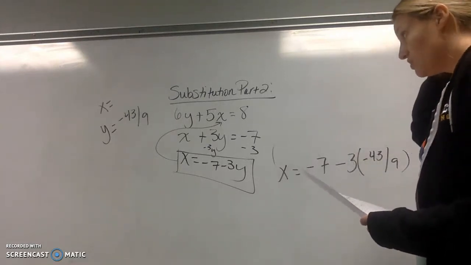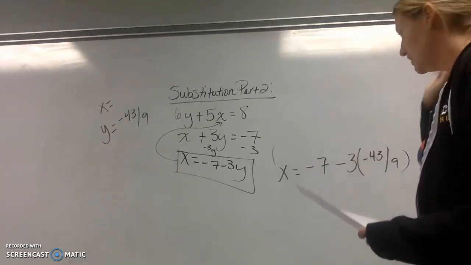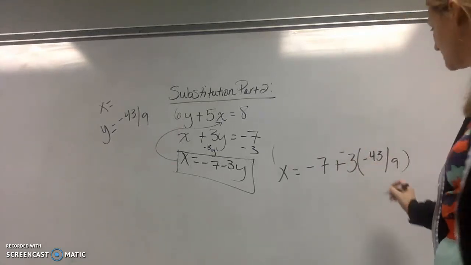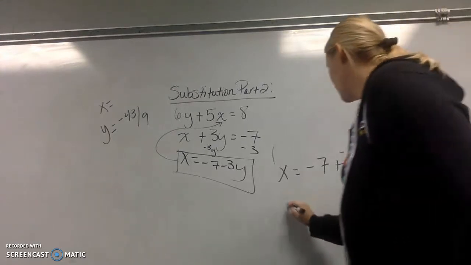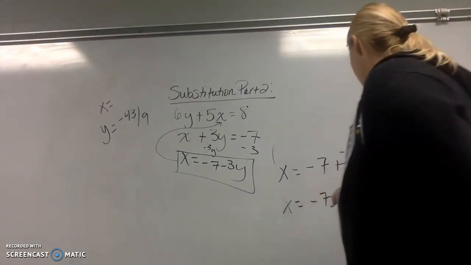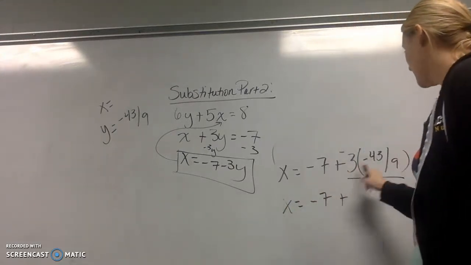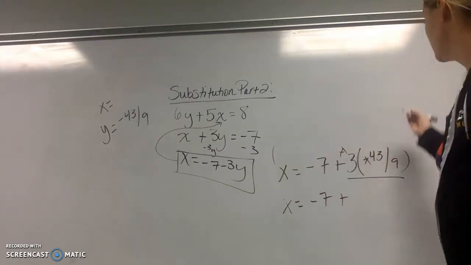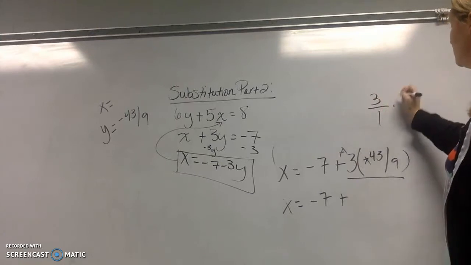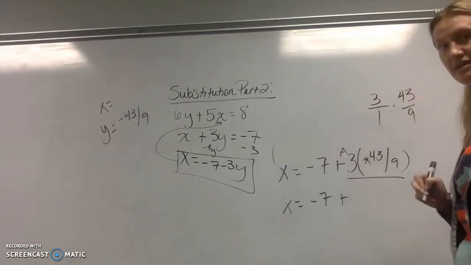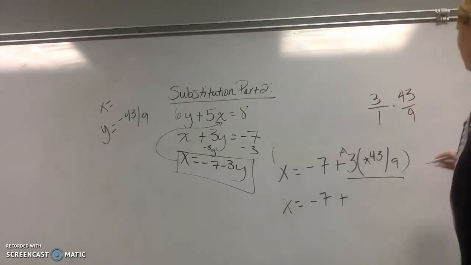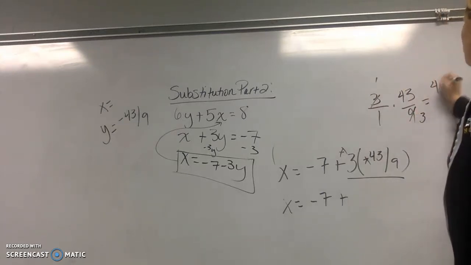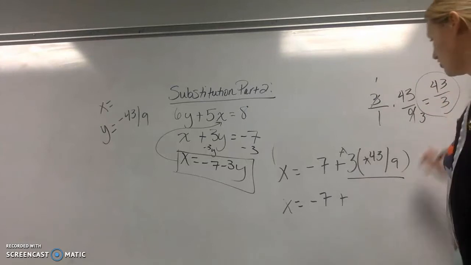So what I'm going to want to do is make that a negative, so I realize that I am multiplying with two negatives here. So I have -7, that's going to be a positive, so those negatives are going to cancel. And the easiest way to do this is to go ahead and multiply your fractions, top times top, bottom times bottom. Realize I can pull a 3 out of this, and so that becomes 43/3.